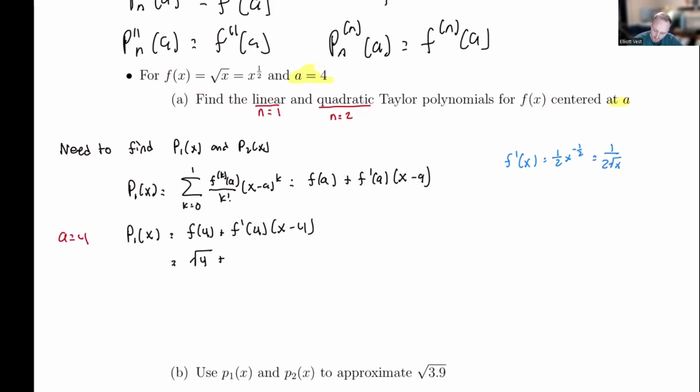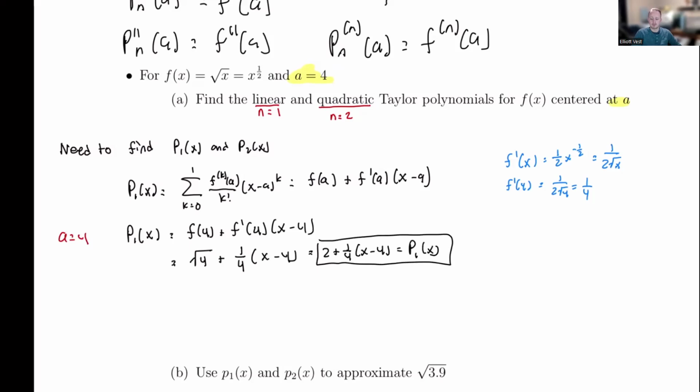So f prime of 4 is going to be 1 over 2 square root of 4, or 1 over 4 here. Okay, so this is plus 1 over 4 times x minus 4. Or what is this? 2 plus 1/4 x minus 4. That is my first Taylor series polynomial here. And that's all. I'm just going to leave it at that here.